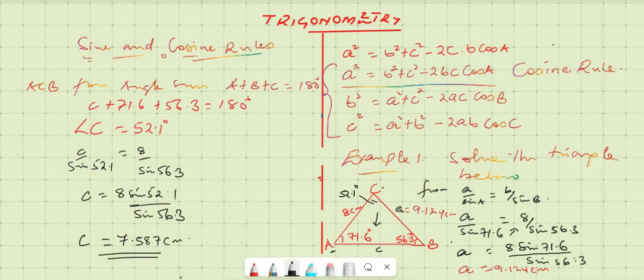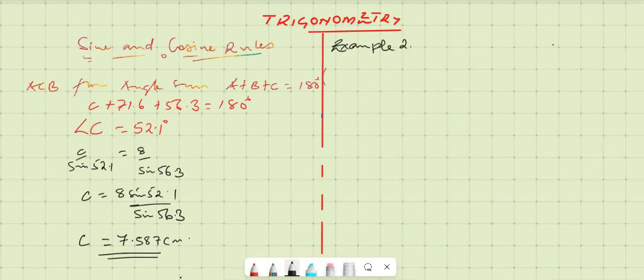Let us try to look at another example. We have another triangle. You have modeled your other triangle, and this time it looks like this.